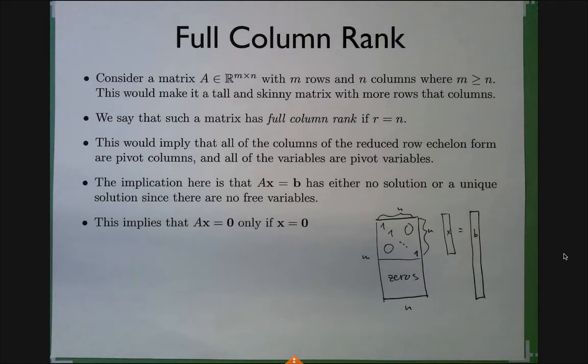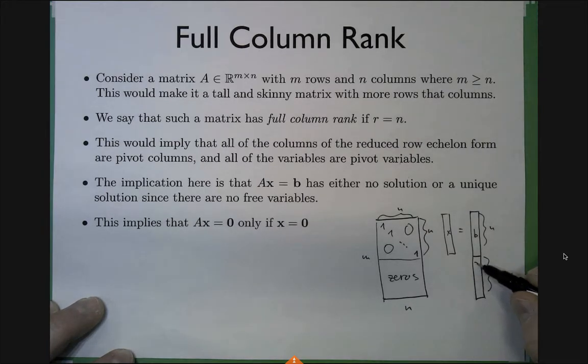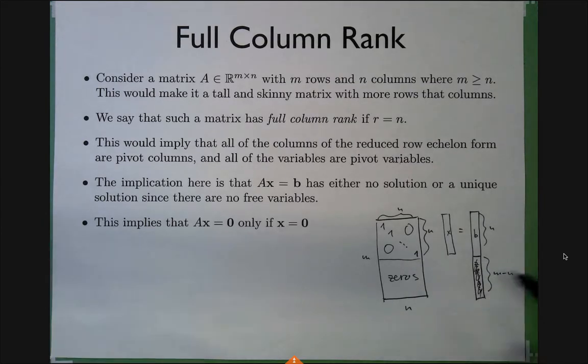If b has a value below n that is nonzero, there is no solution. So I have to draw a line: this is the first n elements here, and this is the remaining m minus n elements. For the solution to exist, I must have zeros here after I applied Gaussian elimination. So I apply Gaussian elimination on the matrix and the right-hand side. After it terminates, I need to look if these are zeros. If they're all zeros, I'm in luck, I have a solution. If there is something nonzero, I'm done, there is no solution. So in general, they don't have to be zeros, and that's the case of no solution, okay?